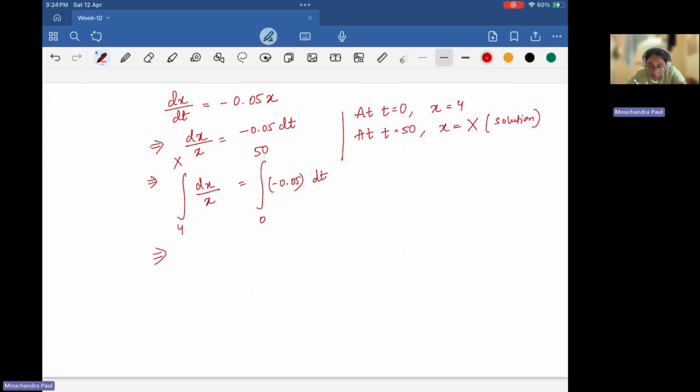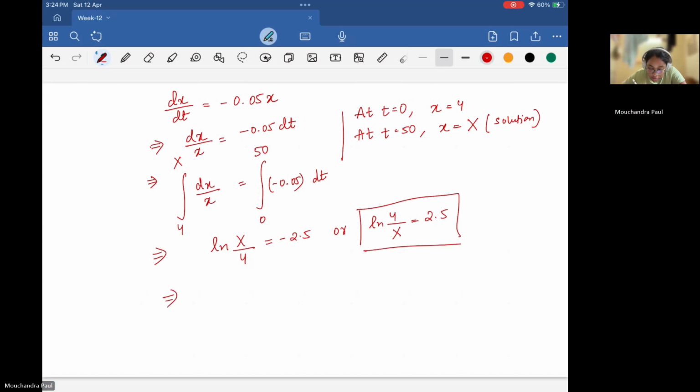When you solve this, you should get ln of capital X by 4 equals minus 2.5, or ln of 4 by X equals 2.5.